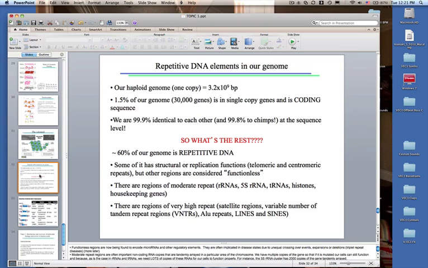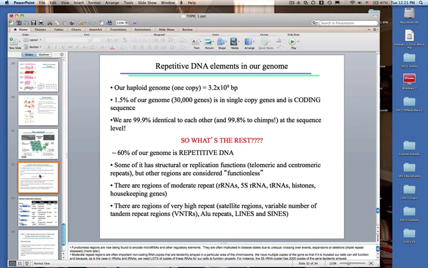And here's the fun fact, right? We are, to each other, 99.9% identical, right? So why do we all look so crazy different? Well, we don't really all that much. Little minor details, but you know, we've basically got the whole encoding structure.